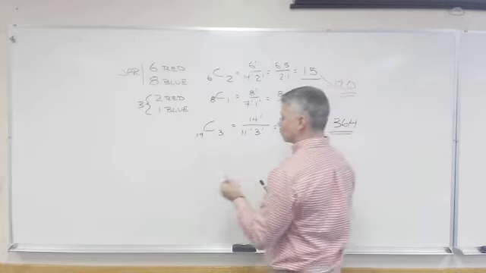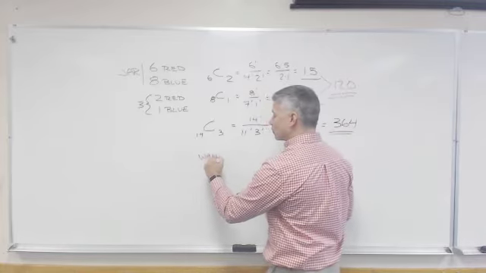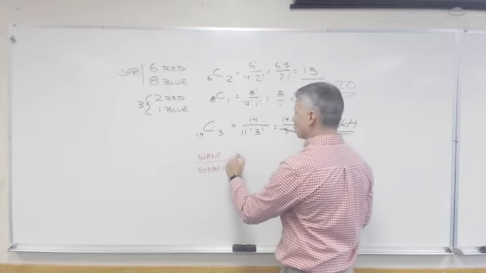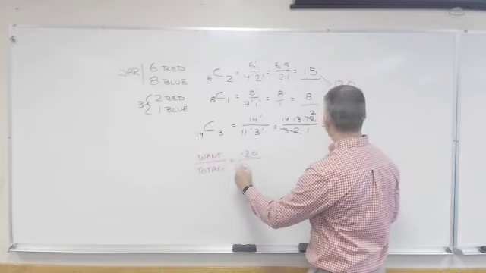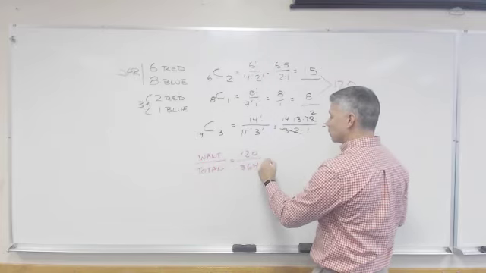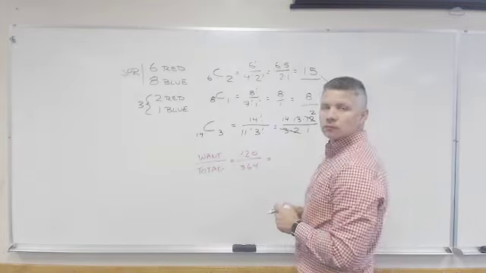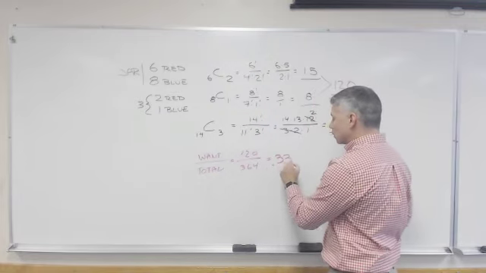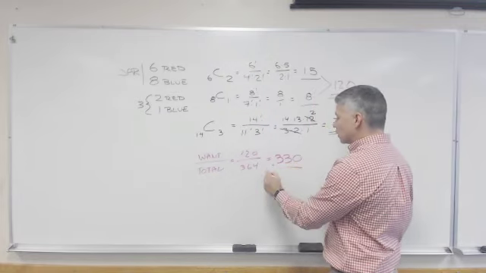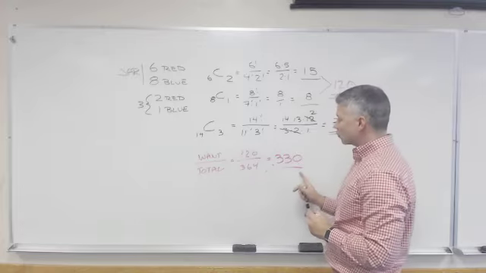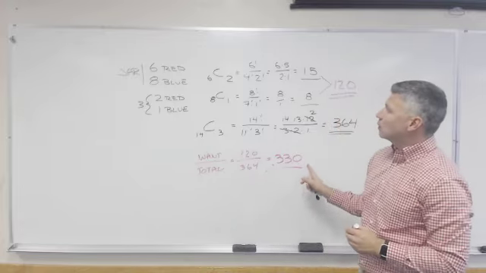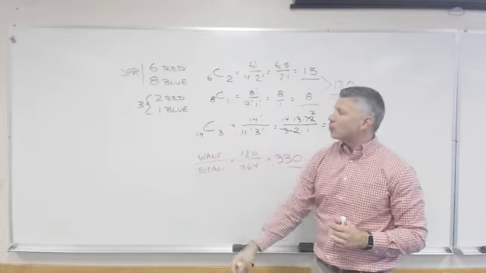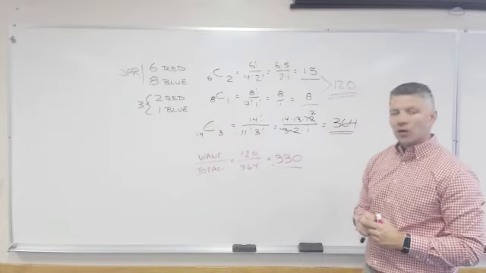Probability means what we want over the total. So 120 divided by 364. And if we round to 3 decimal places, 0.330 is the probability that I pull 2 reds and 1 blue out when I pull 3 marbles out of my jar.